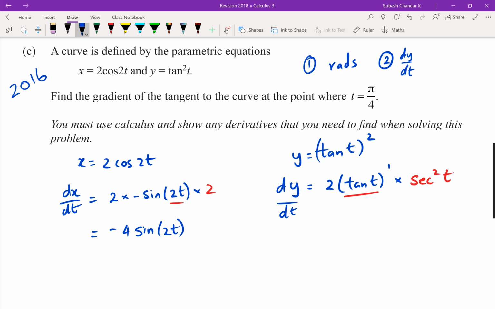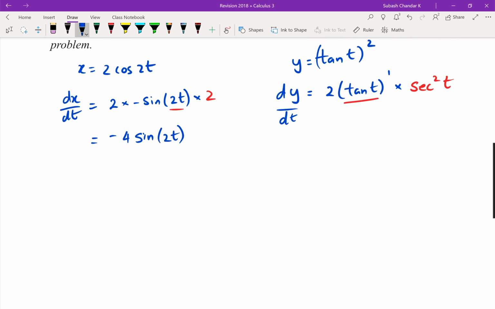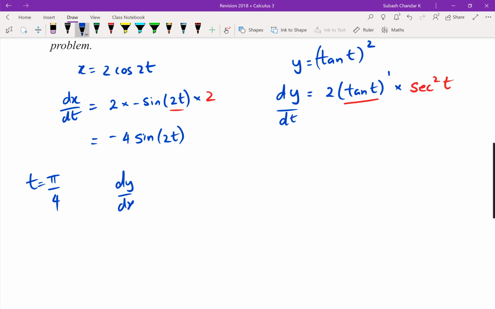Now, I wouldn't actually mess around with this. I'll just leave it as it is and use one step at a time. We've been asked to find the gradient at pi over 4, am I correct? So dy dx equals dy dt multiplied by dt dx.